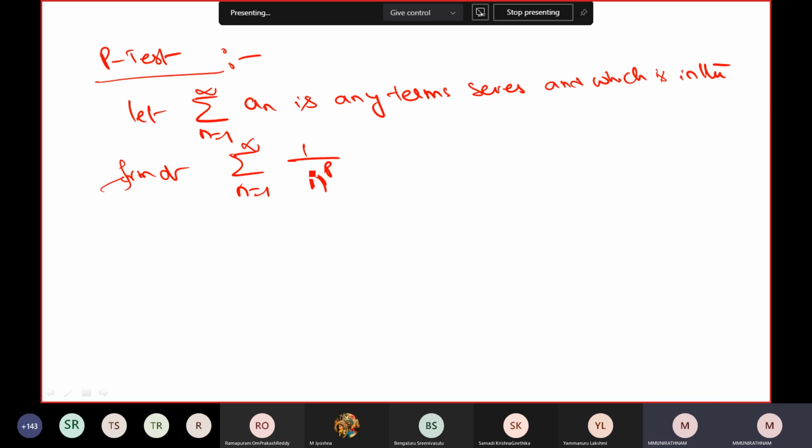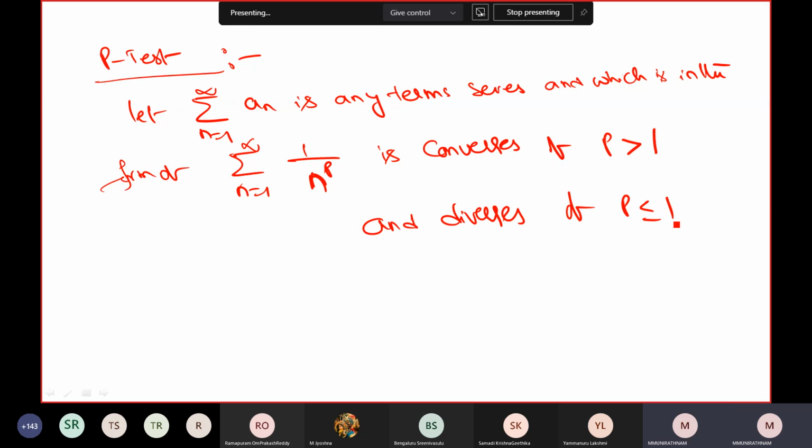It converges if p is greater than 1, and diverges if p is less than or equal to 1.